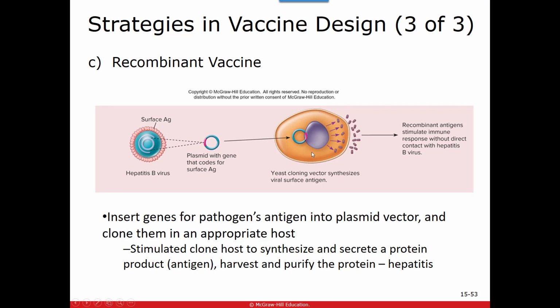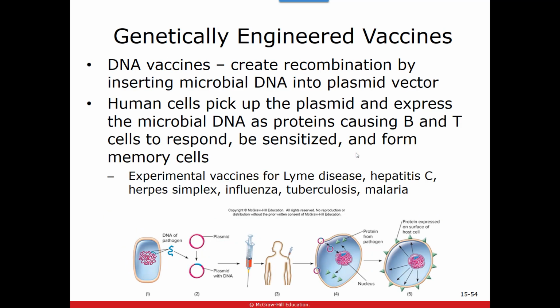And then we also have genetically engineered vaccines. It's not just putting DNA in yeast to make different fragments. We can take DNA of a certain pathogen, put that DNA in a plasmid, and put that right in us. So you're given DNA from some type of organism, which means your cells can make that particular microorganism's antigen.